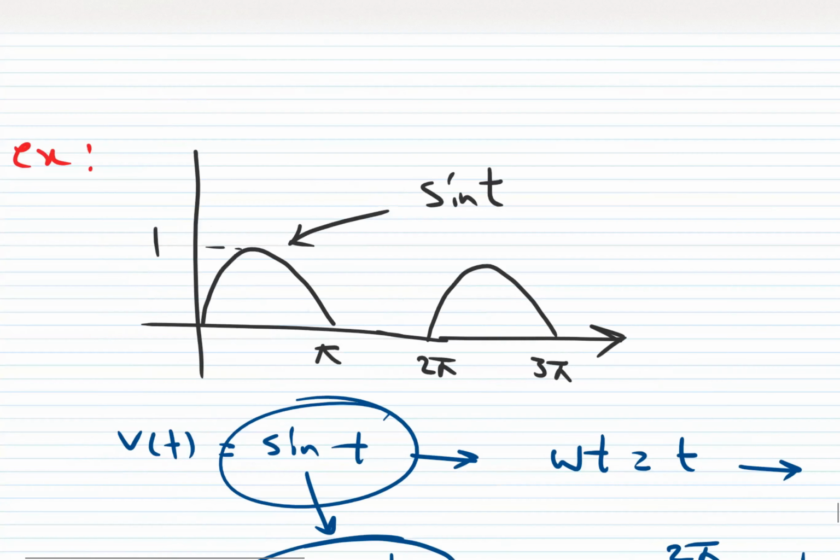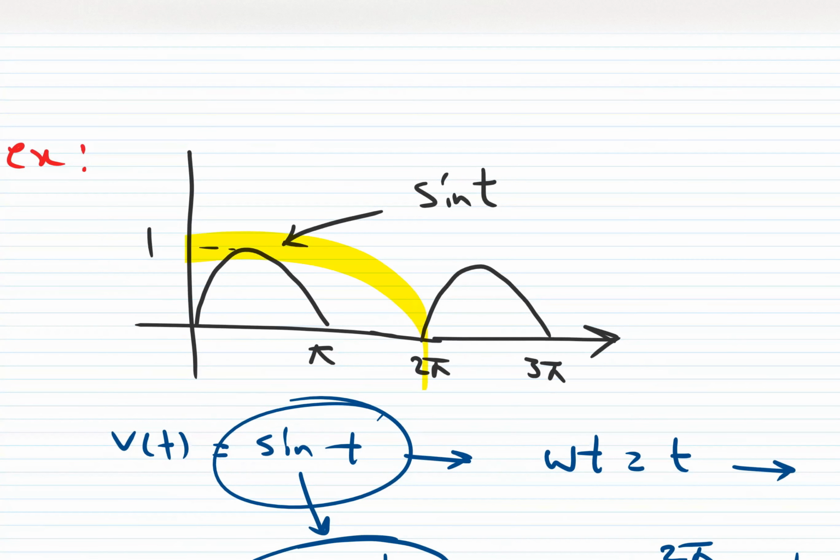If we look at the signal, we see that from 0 to 2 pi it's divided into two regions. In the second half, there is no signal. So instead of calculating the integral from 0 to 2 pi, we only need to calculate the integral from 0 to pi, where we have the signal.